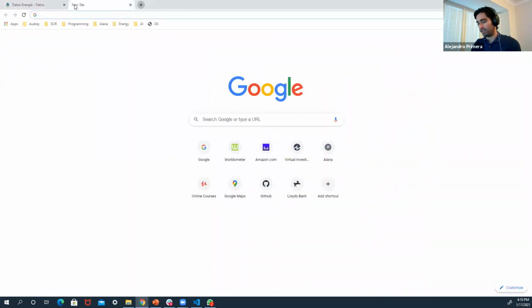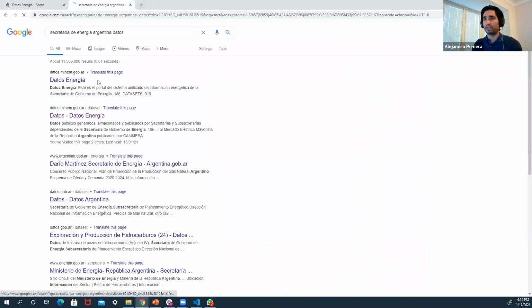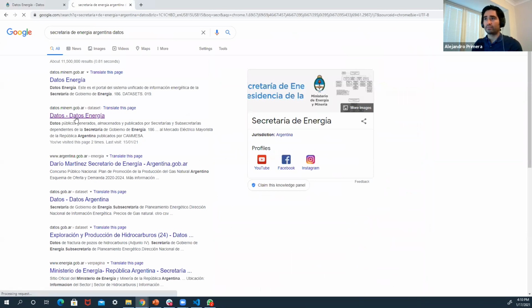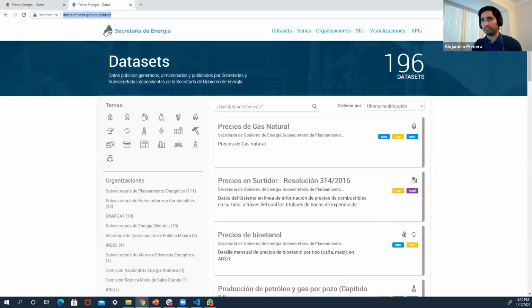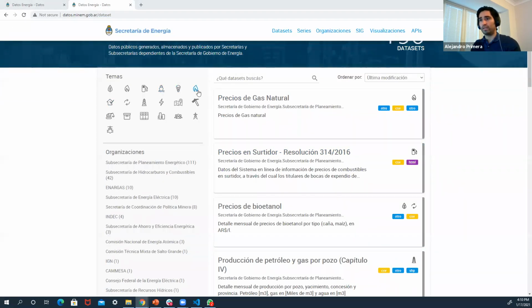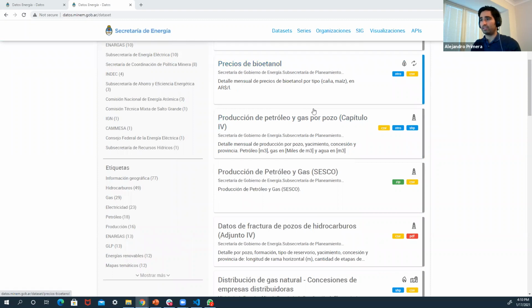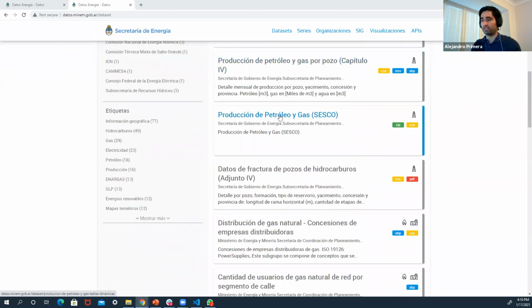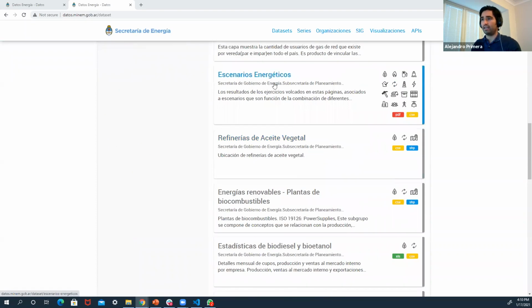But if I go, let me Google again, and if I Google Secretaría, if I go for the data, this is a more general link. Let me put it in the chat. So the general link, as you can see, there are quite a few areas of interest where they publish quite a lot of information, like prices of different sorts of resources and oil production, as I mentioned, gas, energy scenarios.